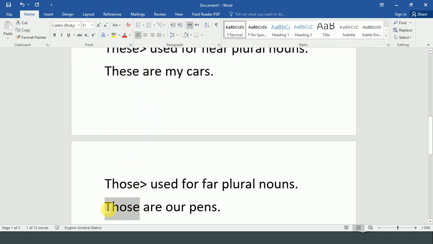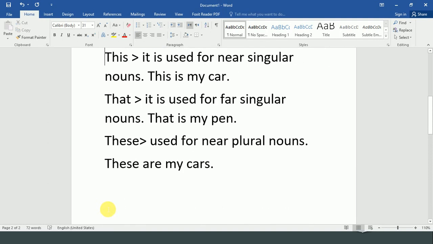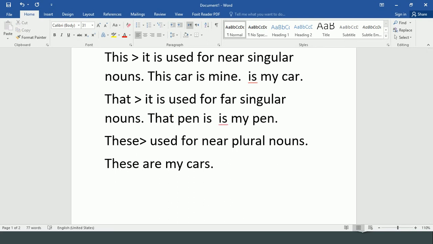In order to make them demonstrative adjectives, what should we do? We should put a noun after them. Let's start from here. This car is mine. Now this becomes a demonstrative adjective. For example, that pen is mine.